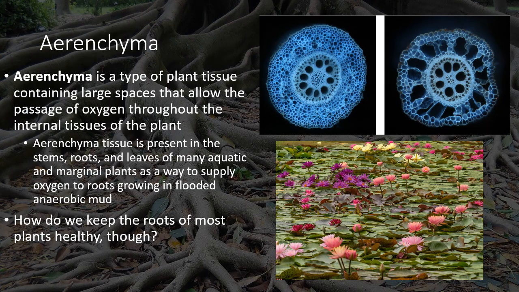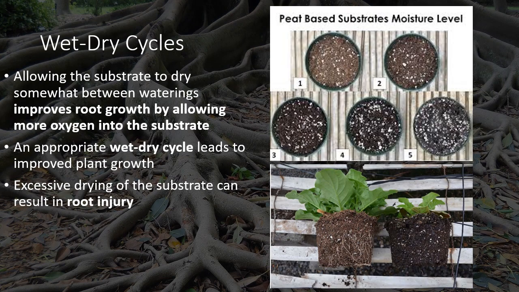So we have to use special techniques in order to keep the roots of plants happy and actively absorbing mineral nutrients and water. And we do that through wet-dry cycles. If you keep your potting media constantly saturated, that plant is not going to do well. It will experience root decay. If you keep your plant constantly dry, it's not going to do well. Its roots are going to desiccate, they're going to dehydrate, and the plant as a whole is going to dehydrate and die.